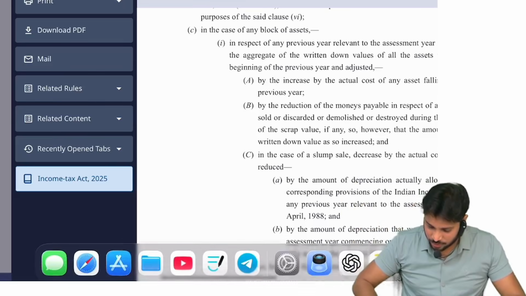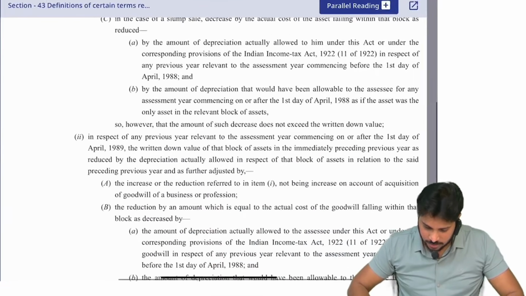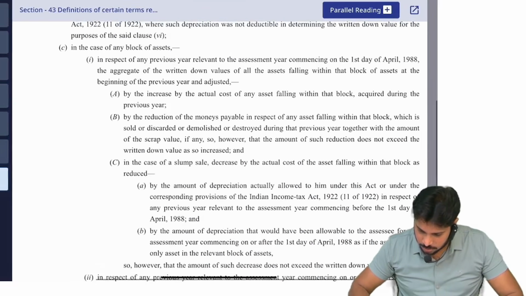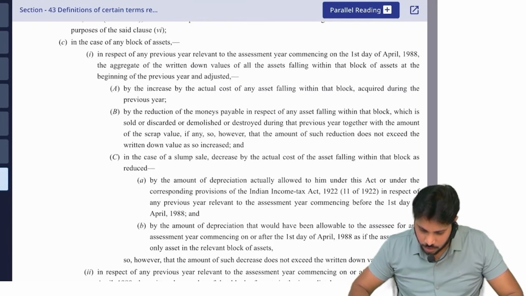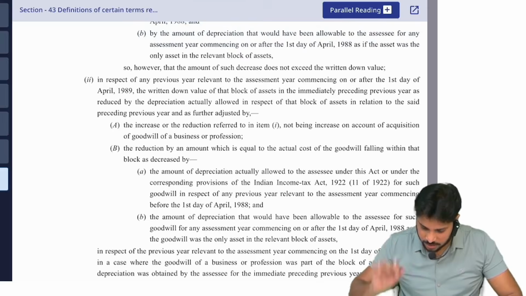Now in the given question, okay, this is for that year. I will see this one, not that one.